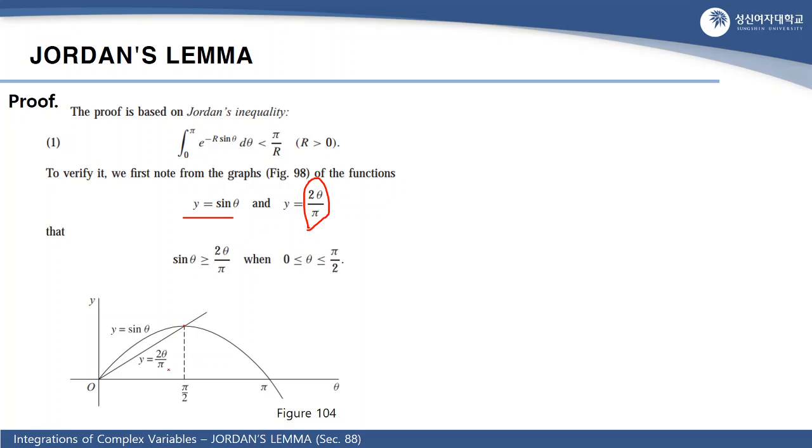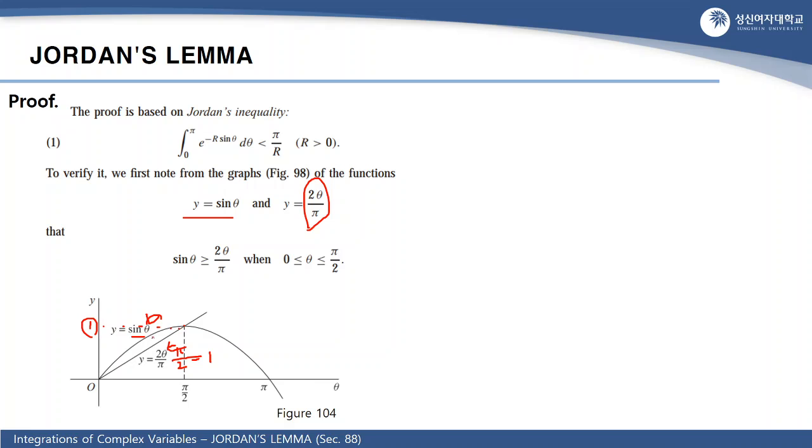If we input this pi over 2 here for theta, then we get this 1. So this value is 1, just like how sine theta becomes 1 as theta equals pi over 2. We insert pi over 2, then we get 1 for the value of sine theta.